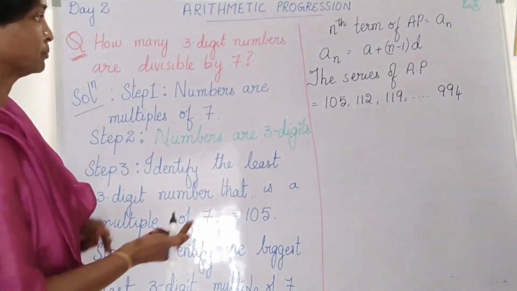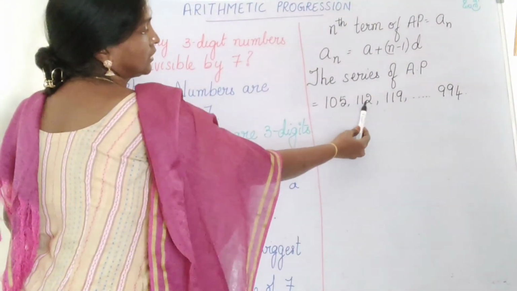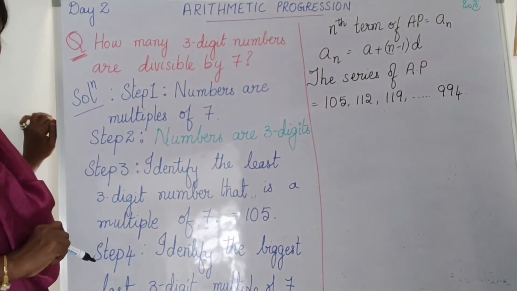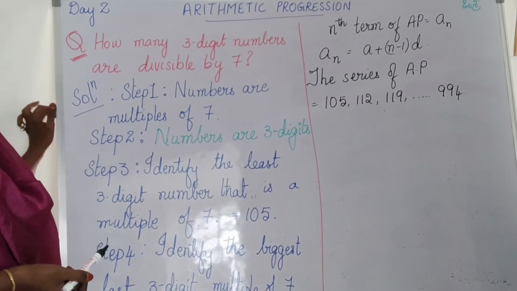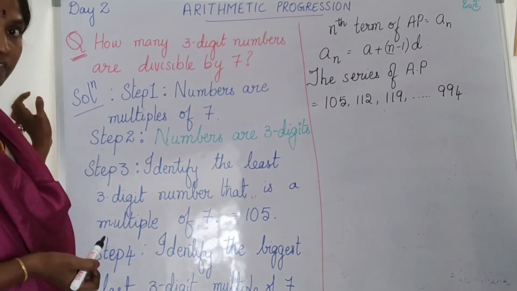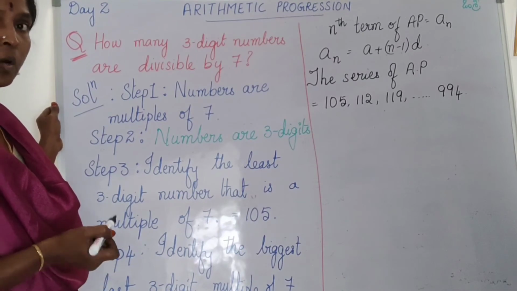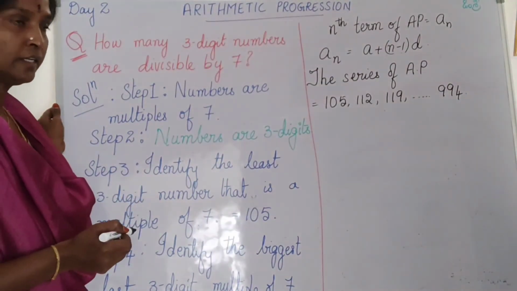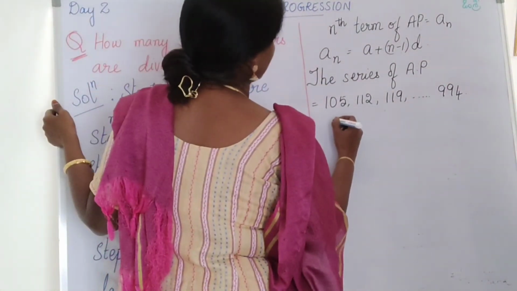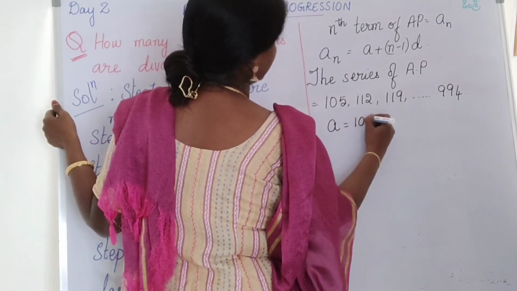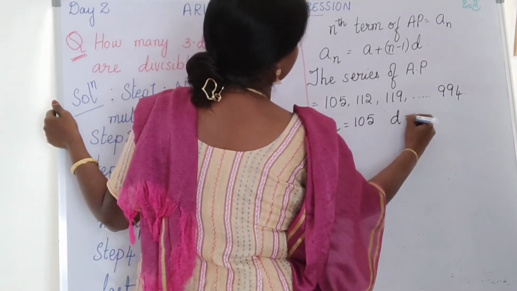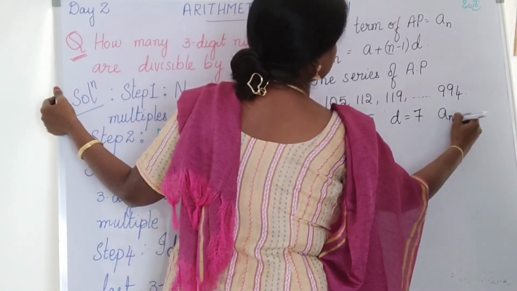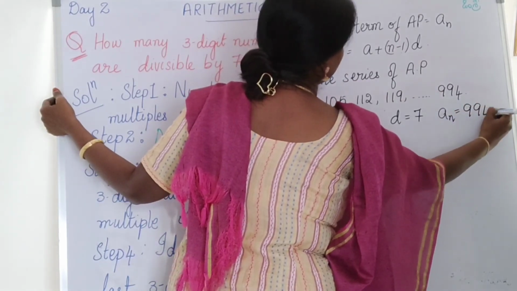How did you get the second term and the third term here? As we know that the numbers are the multiples of 7, it's obvious that 7 will be the common difference of the given series. So we have taken a is equal to 105 and d will be equal to 7 and an, that is the nth term, will be 994.